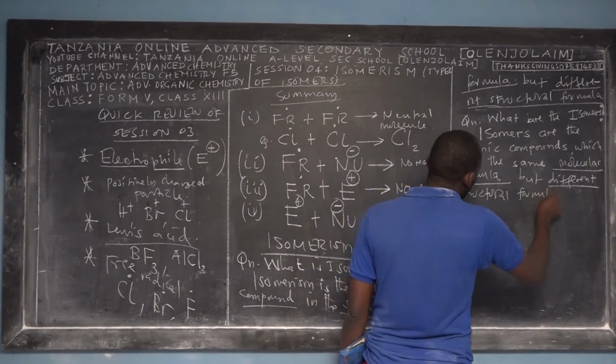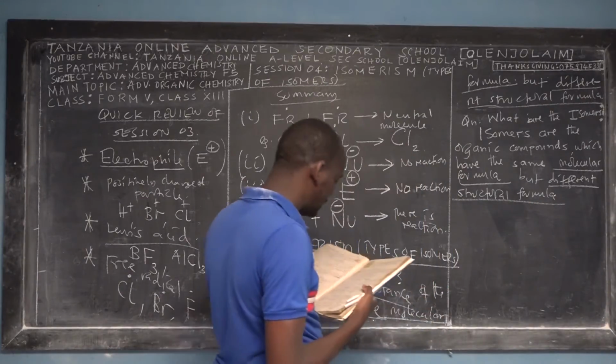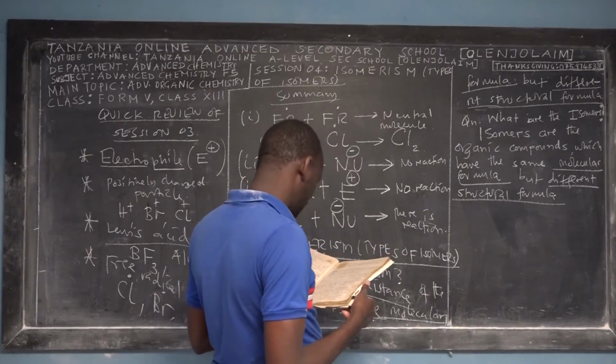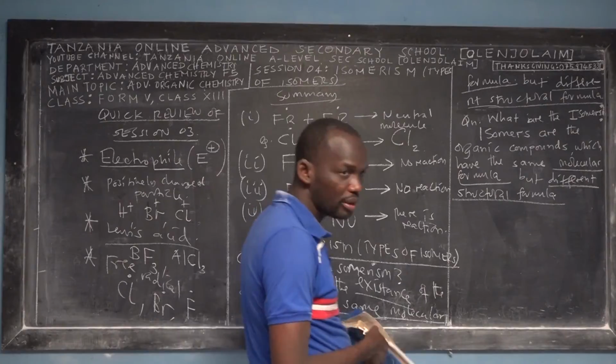And you will see some examples soon. So isomers are the compounds which have the same molecular formula but different structural formula.